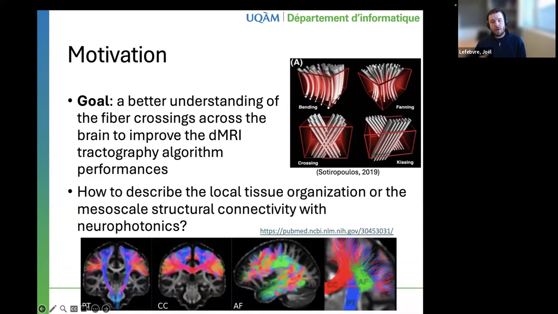Finally, I will show a few slides with examples of how we can use serial OCT to infer the fiber orientation, with the goal of later studying fiber crossings at micrometer scale. That's the plan of my presentation.